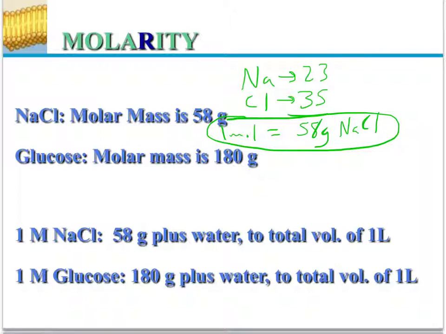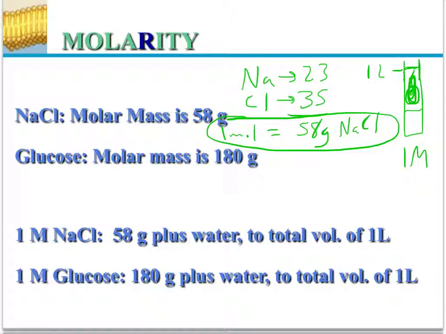So if you were making a 1 molar solution of NaCl, you'd mass out 58 grams of NaCl. You would add this to your volumetric flask or graduated cylinder, then add water until the 1 liter mark, and mix the solute and the solvent together, and that would give you your 1 molar solution of NaCl.